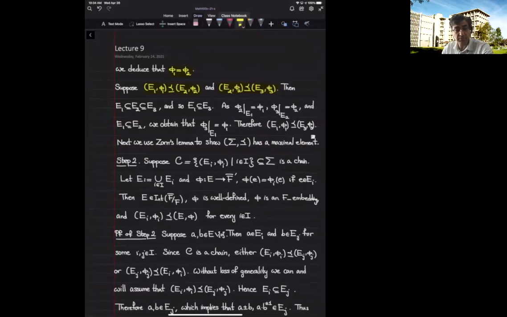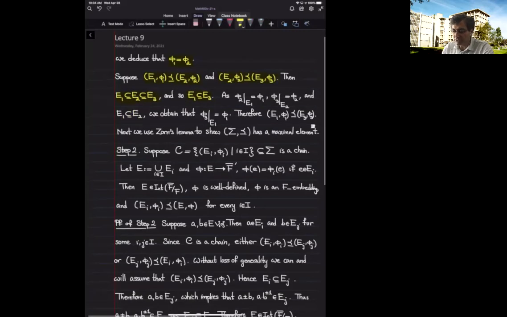I want to show that the pair E sub 1 phi sub 1 is at most the pair E sub 3 phi sub 3. Let's start with the first component. Because of this condition, E sub 1 is a subfield of E sub 2. Because of this condition, E sub 2 is a subfield of E sub 3. Therefore, E sub 1 is a subfield of E sub 3.